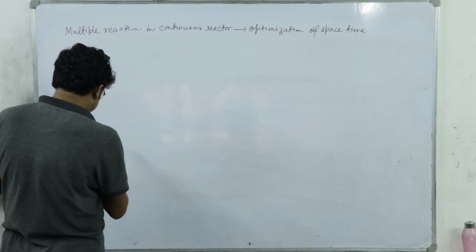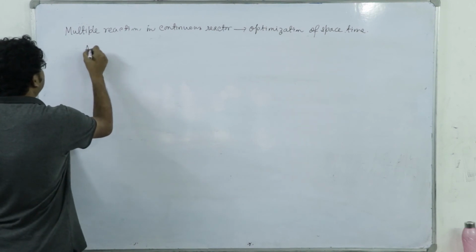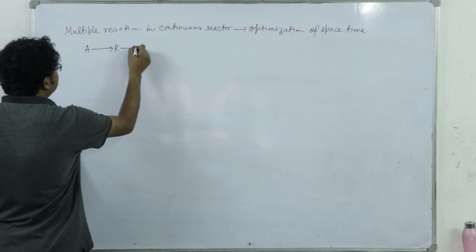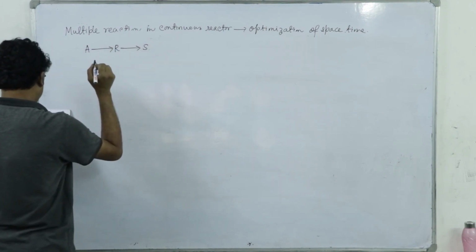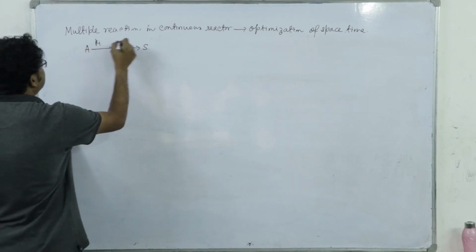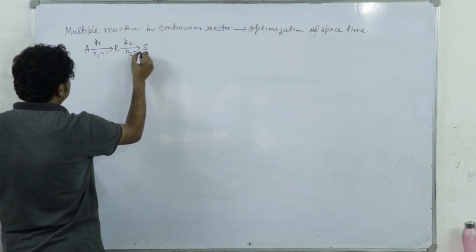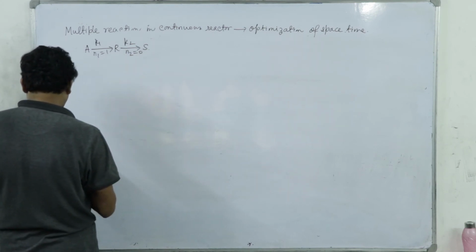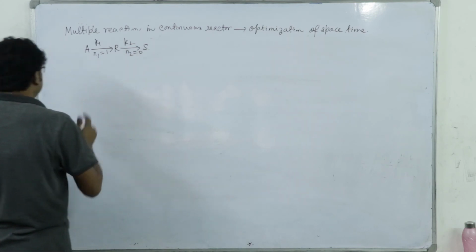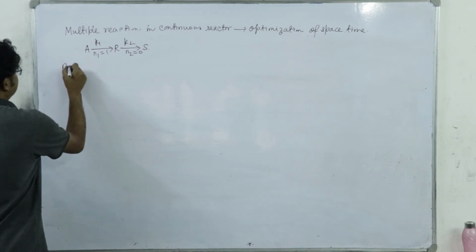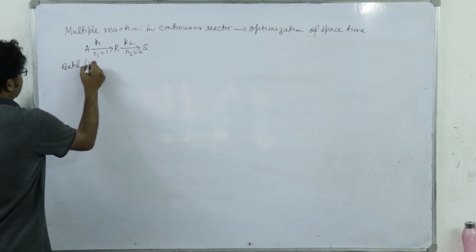So here it is: A giving R giving S. So this is K1, K2, N1 equal to 1, N2 equal to 0. Now solve it for batch or plug flow.